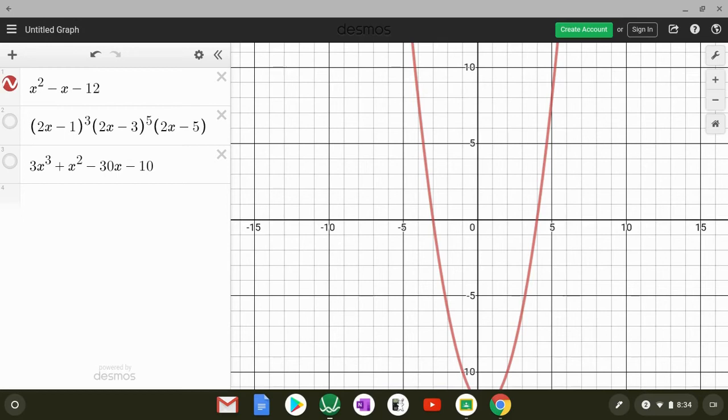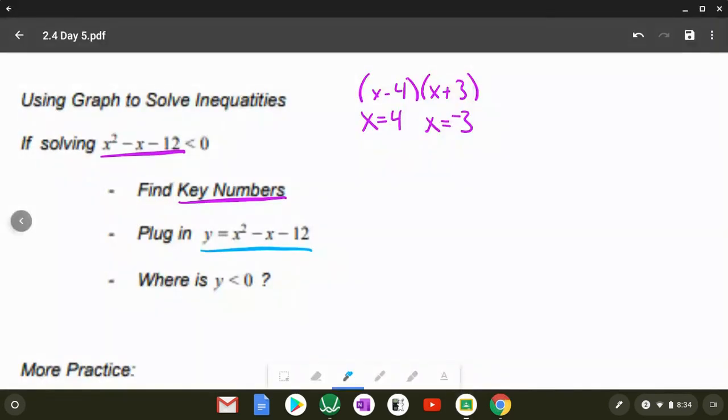Okay. Now, if we look at our graph, we already talked about on the front side, when you find the key numbers, you're finding the values of x that cause that side to equal 0. So when we look at our graph here, we said that the key numbers were x equals 4 and x equals -3.